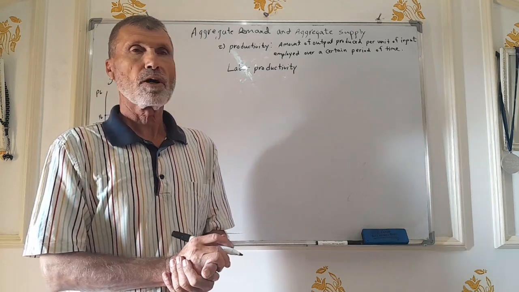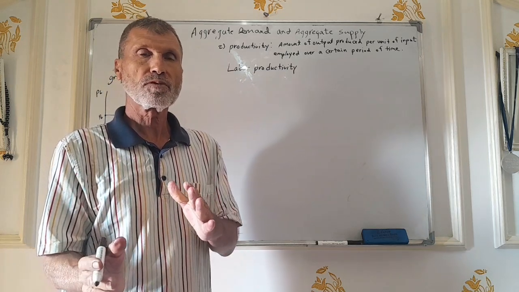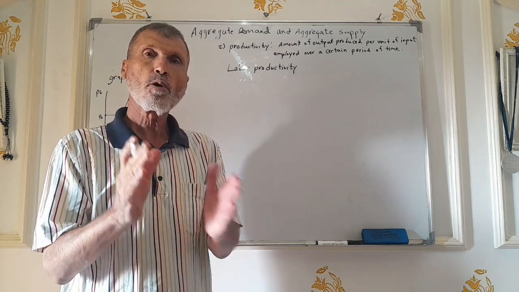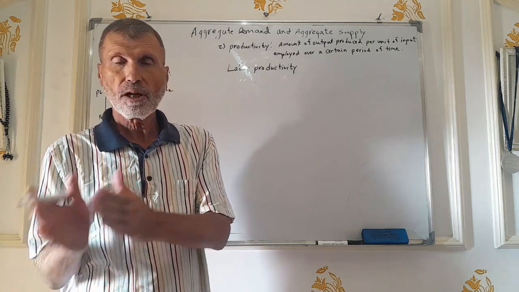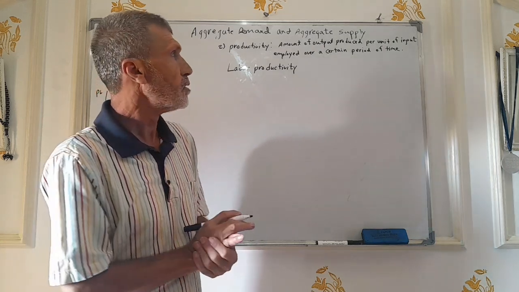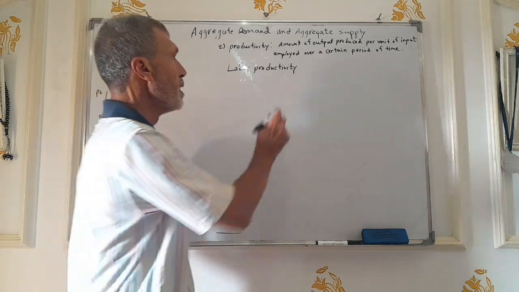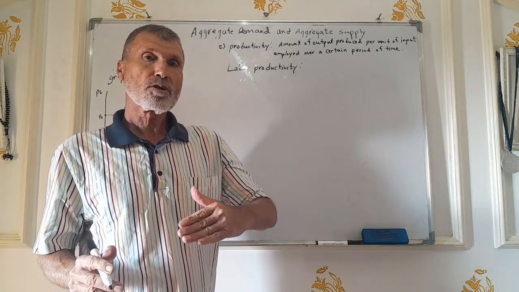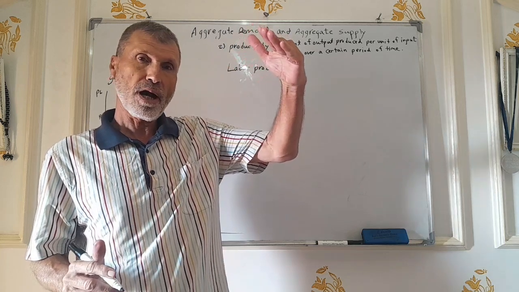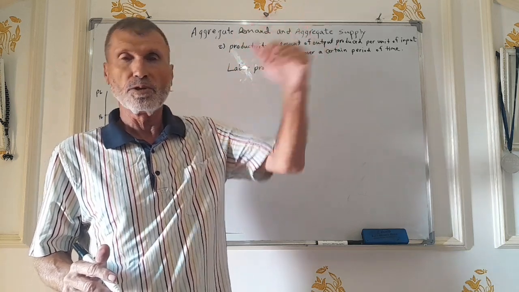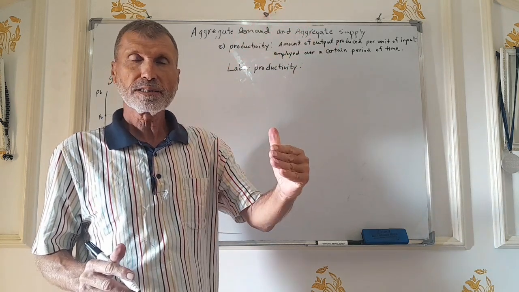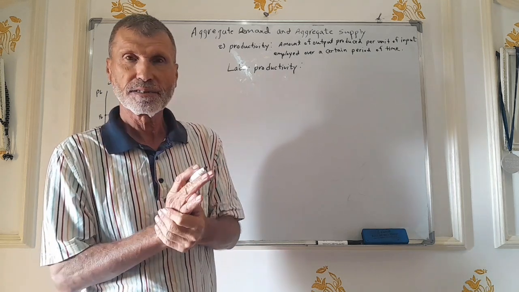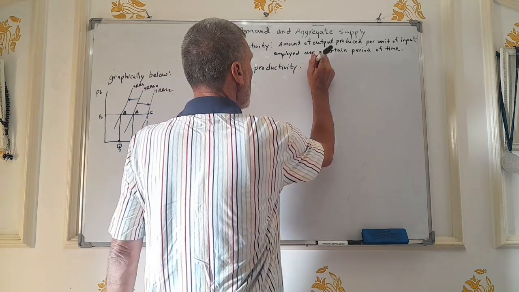When we say labor productivity, we mean the amount of output produced per worker employed over a certain period of time. So when labor productivity increases, that implies more output is produced, which implies that short-run supply shifts to the right.